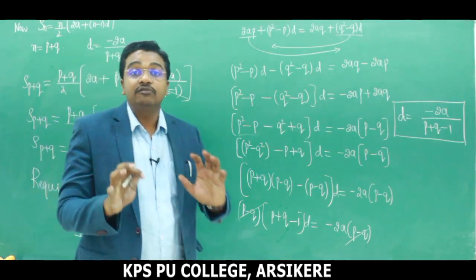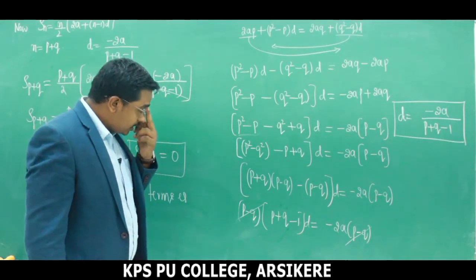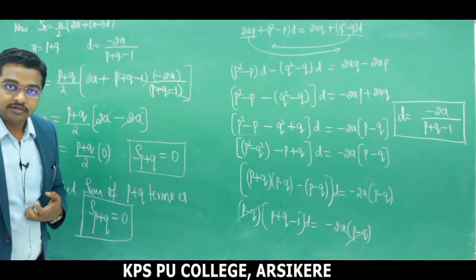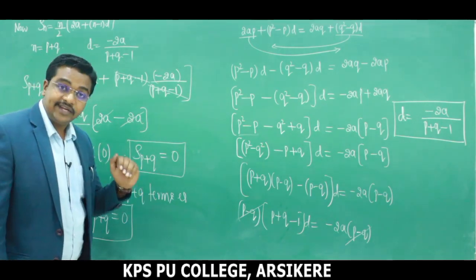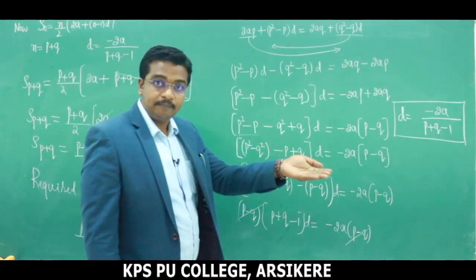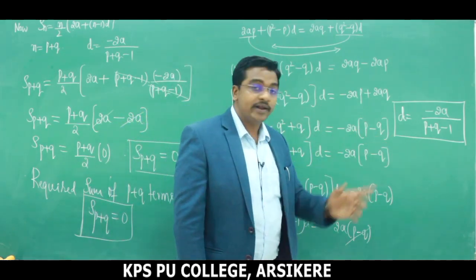So here we need to find the sum of the first P plus Q terms, but we are unable to get the first term and the common difference, so that's why we take the relationship between them, that is D is equal to minus 2A divided by P plus Q minus 1.